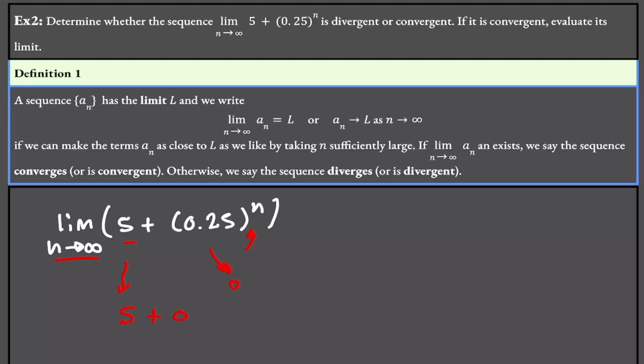There's nothing to evaluate because it doesn't involve any variable n. So 5 plus 0 is just 5. Because we have a constant as our answer, we can say that the sequence converges, specifically to the value of 5. And that is all for this problem.